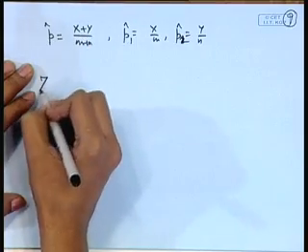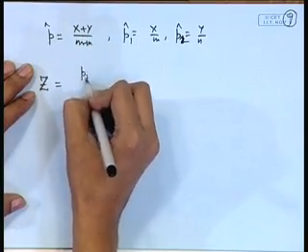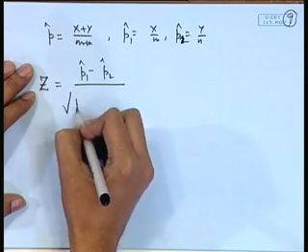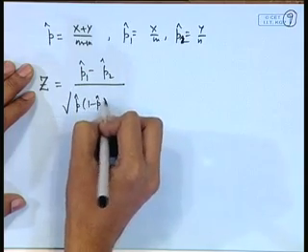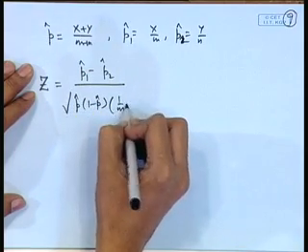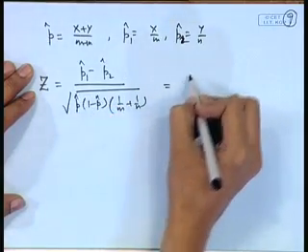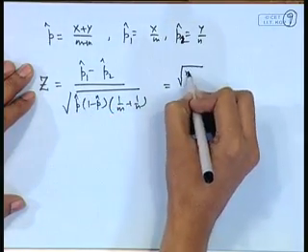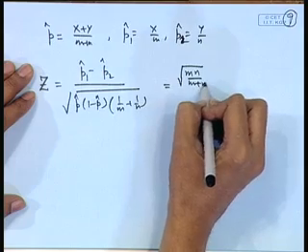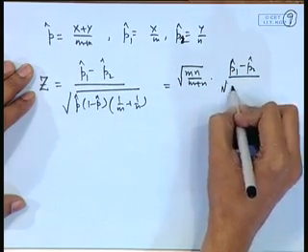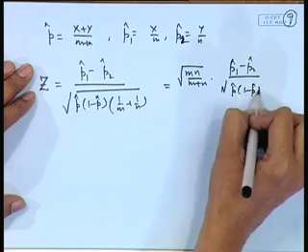So, we construct a statistic Z as (p̂1 − p̂2) divided by the square root of p̂(1 − p̂)(1/m + 1/n), which is actually equal to root of mn/(m + n) times (p̂1 − p̂2) divided by root of p̂(1 − p̂).